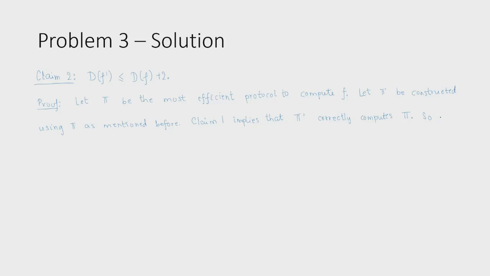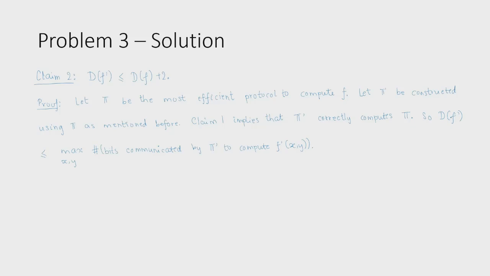So let me write it like this: d of f prime is upper bounded by the max over x comma y of the number of bits communicated by pi prime to compute f prime x comma y.